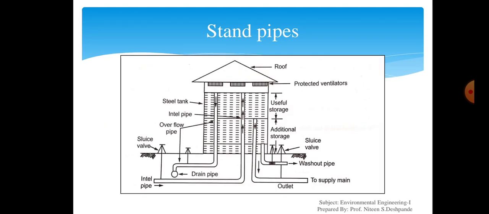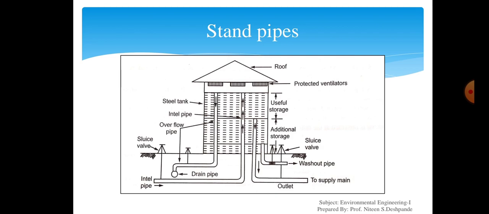This is the particular diagram of stand pipes. So this stand pipe is made up of a steel tank. There is an inlet pipe with a drain pipe and an outlet pipe with a sluice valve. There are two types of storages in this type of tank: useful storage and additional storage.